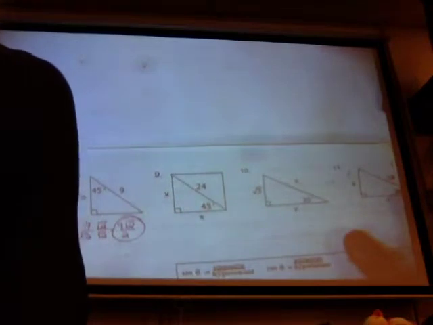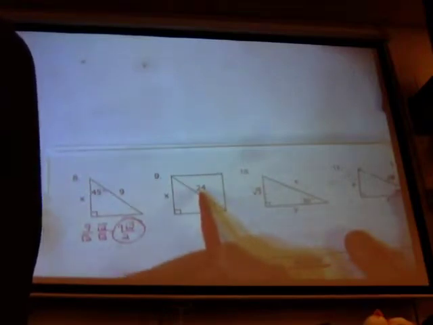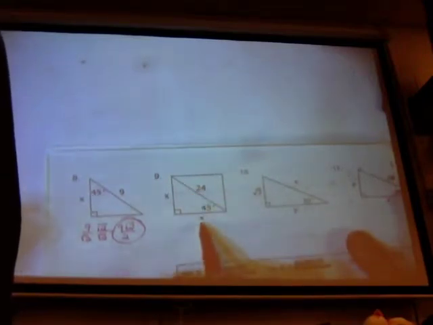You are done. Okay, on here, see, here's my square. This is the hypotenuse. How would I find, Anna, the leg?